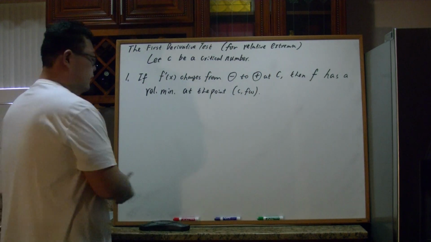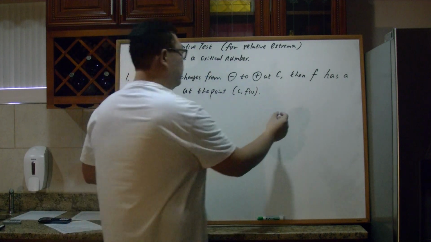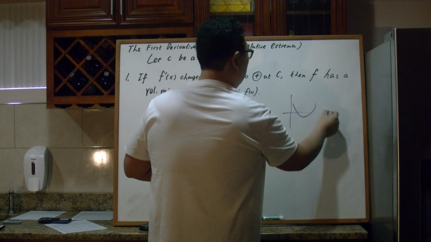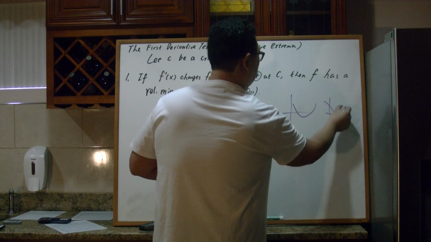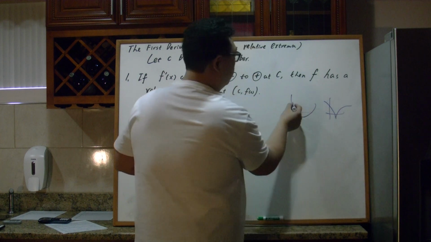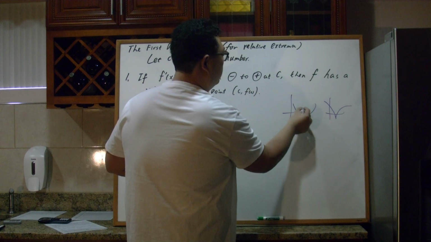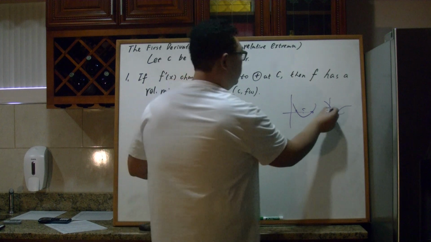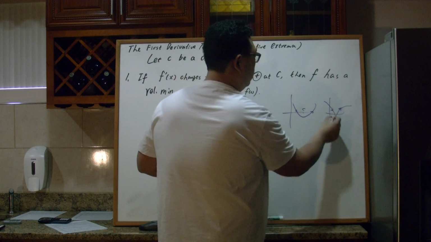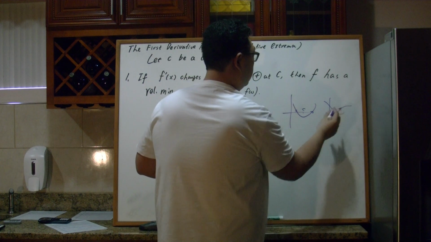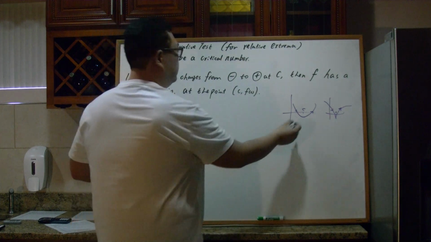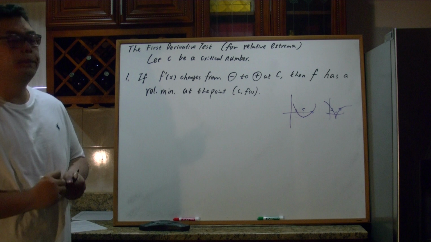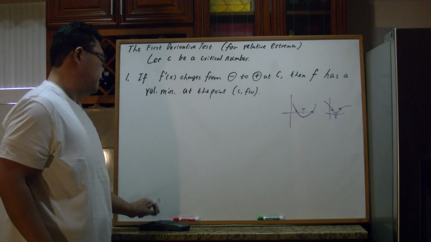For instance, c is a critical number, that is, the derivative equals 0 or the derivative does not exist, right? But the function to the left of c is decreasing, and after c is increasing. Decrease to increase at the c value, then c will be the relative minimum.